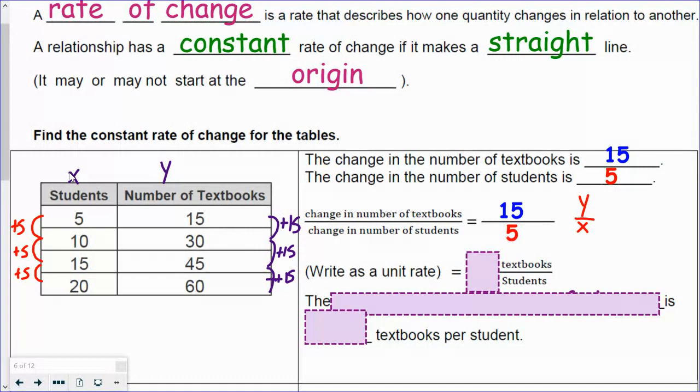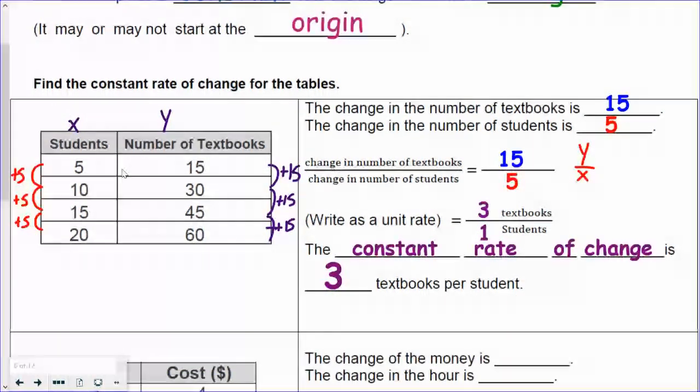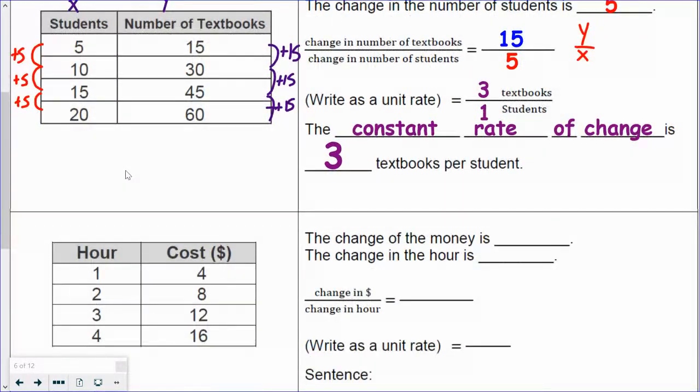This is also another way that we could find our unit rates. So we have 3 textbooks per student. So the constant rate of change is 3 textbooks per student. If you need to, pause this and fill it in. And go to our next table.